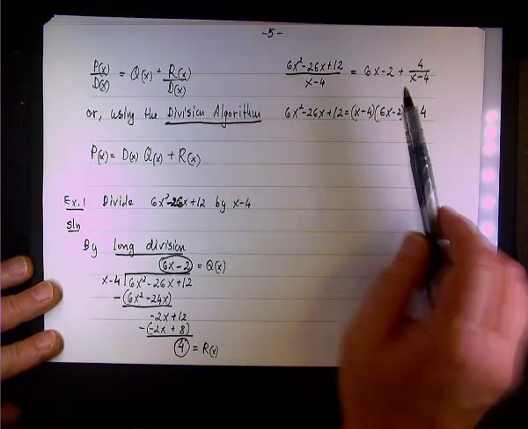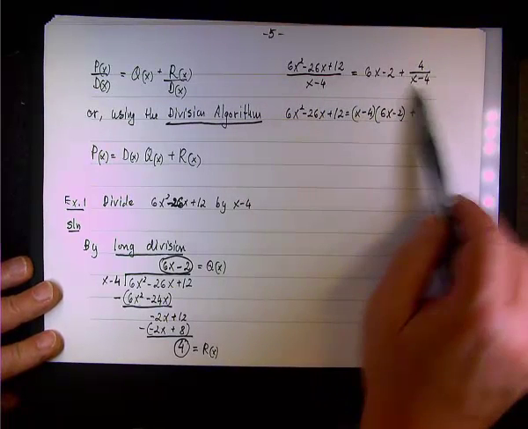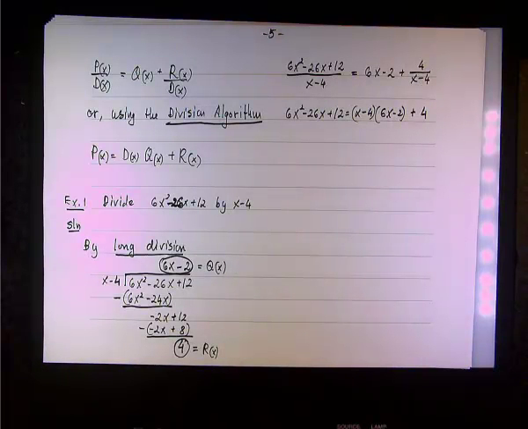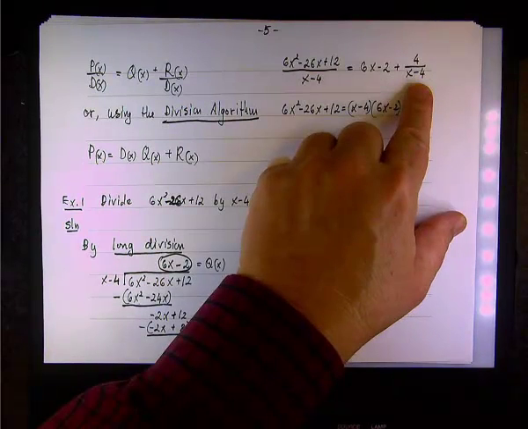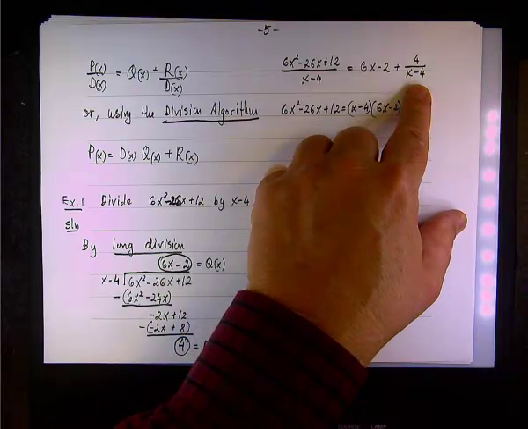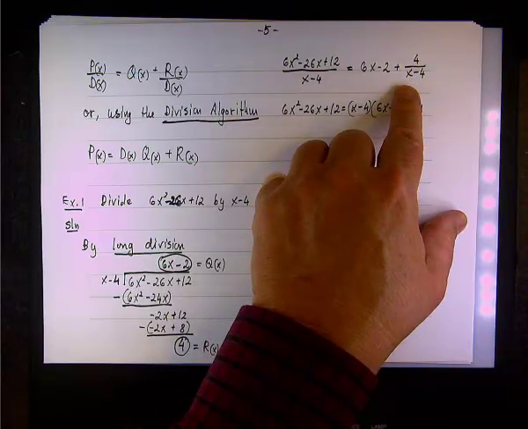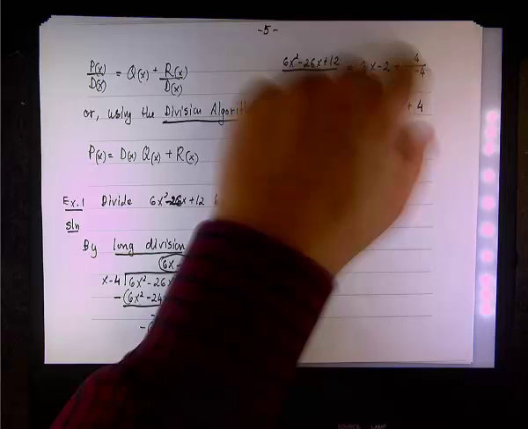Now, why is it useful to write it in this form? Think in terms of long-term behavior. When x is a large number, when x goes to infinity or negative infinity, what happens to the remainder here? What is 4 divided by x minus 4 when we take it to the limit? I'm kind of borderline with calculus now.